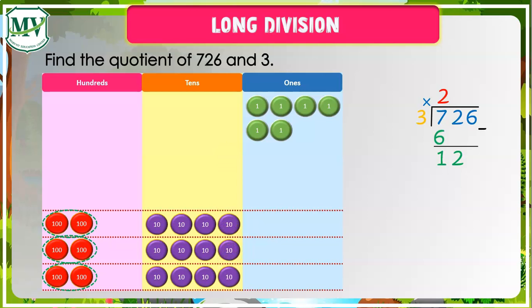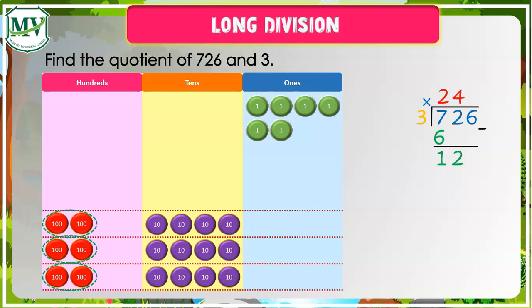That gives us 4 tens in each group. It means 12 divided by 3 is equal to 4. We will write 4 above the digit 2. Next, let's look at the place value chart again.